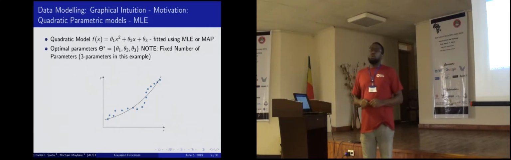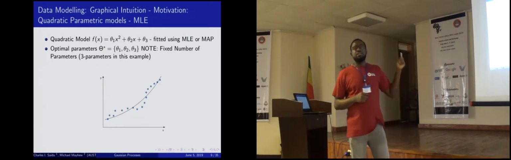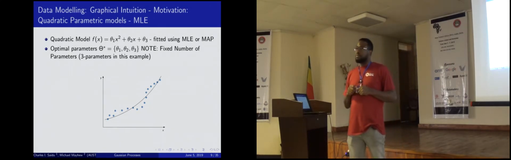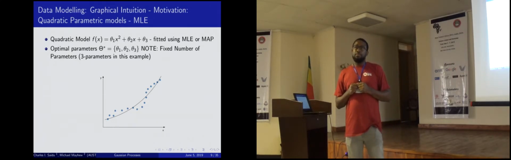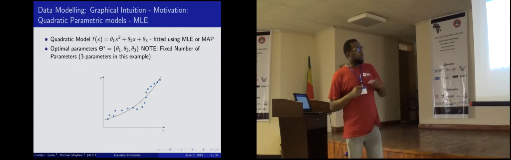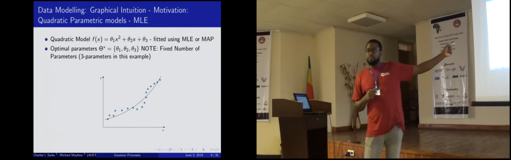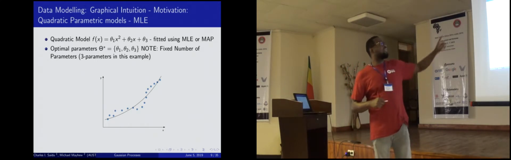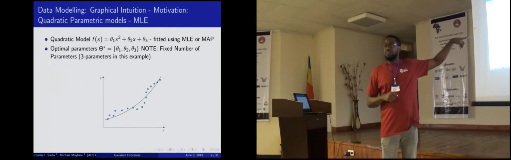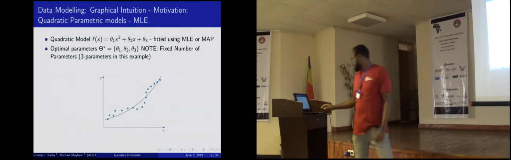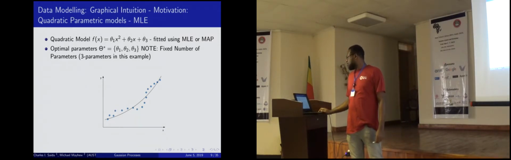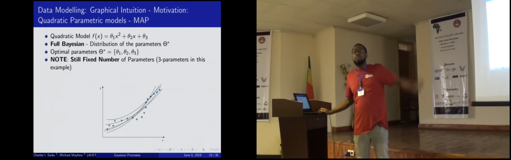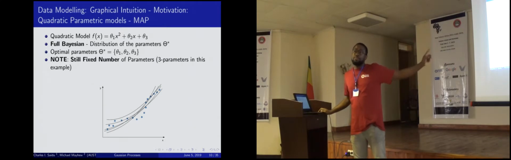Now, we could decide, well, a line is not the best fit for this data. What we need is some sort of curve. And in this case, we do a quadratic fit to the data. Now, if we do a quadratic fit to this data, we're going to be estimating 3 parameters. And the same way, we can do a full Bayesian approach to learning those parameters and get a distribution around the curves that will possibly fit that data.